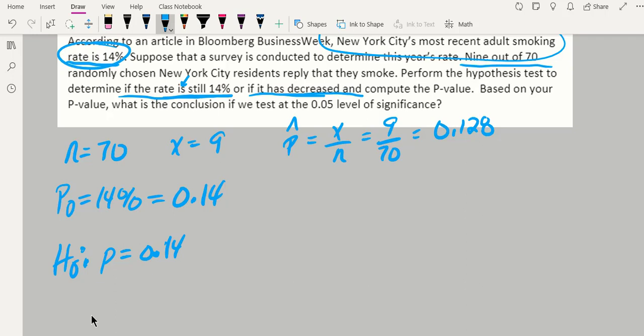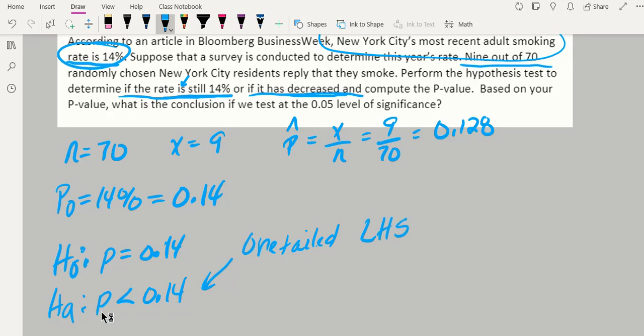Or if it has decreased, our alternate hypothesis should be that p is less than 0.14. Based on this, we know this is a one-tailed test, because we're dealing with the left-hand side, the proportion that says less.